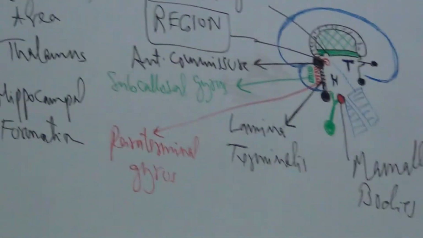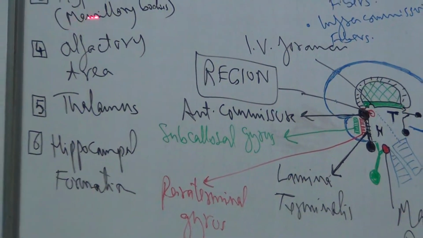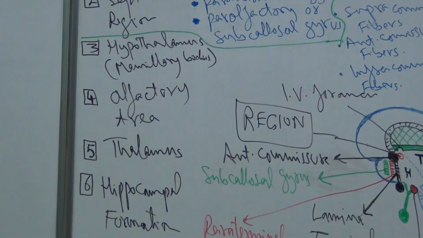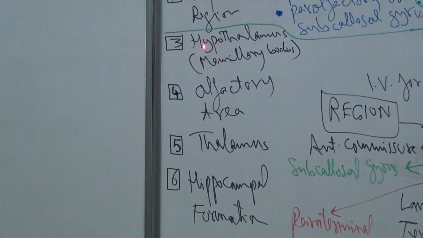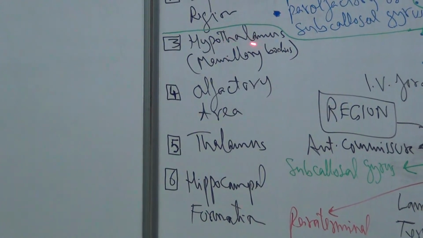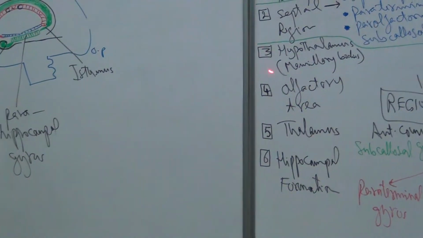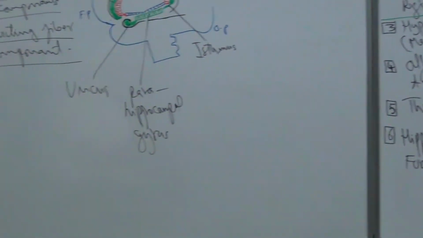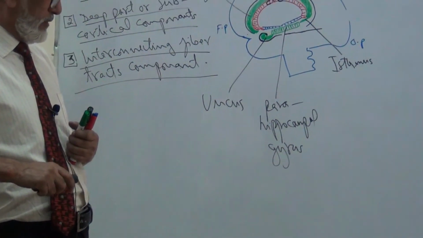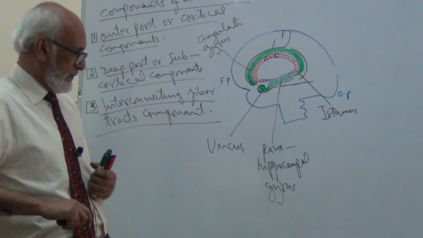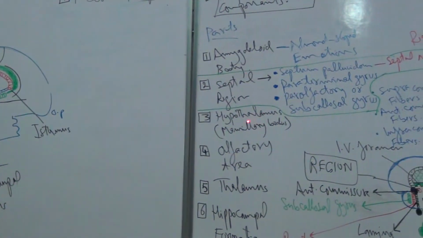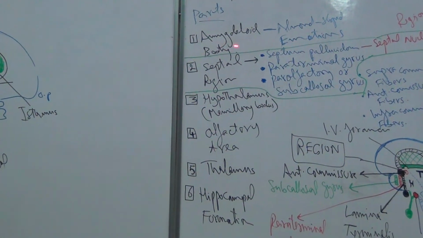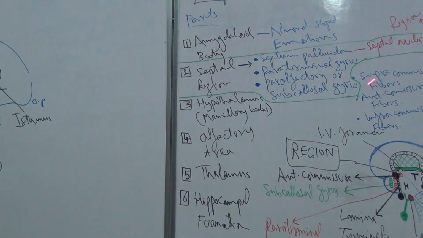Because the hypothalamus has connections with the limbic system, it also is a functional component of the limbic system. The mammillary bodies of the hypothalamus are also included in the limbic system.